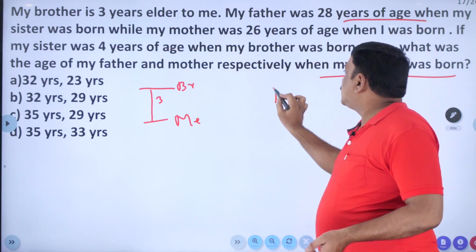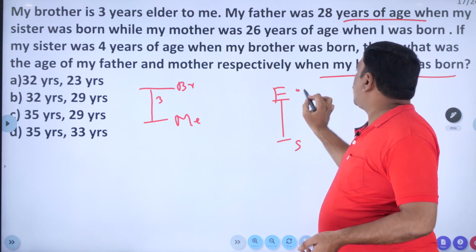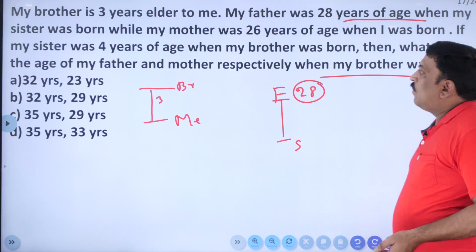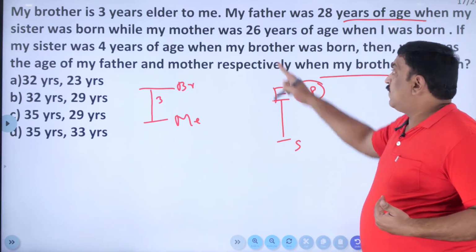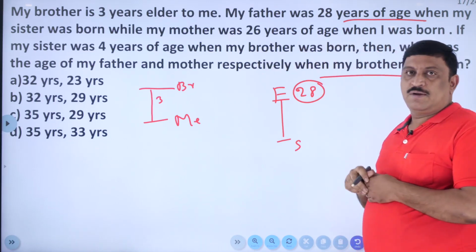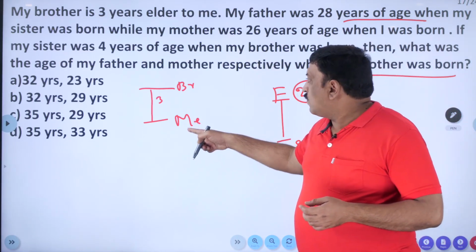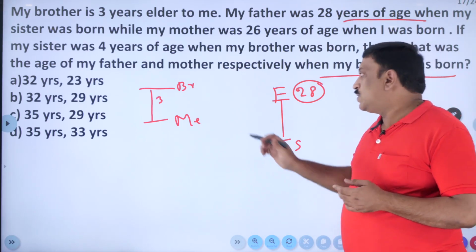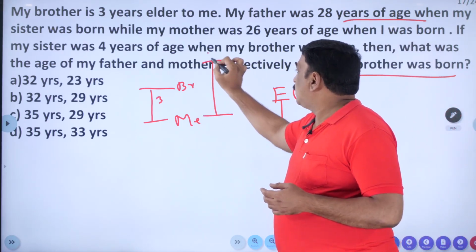Father and sister, he was 28 years, fine. Then my mother was 26 years of age when I was born. When I was there, she was 26 years of age. So she is elder to me, definitely. She is 26 years, mother.